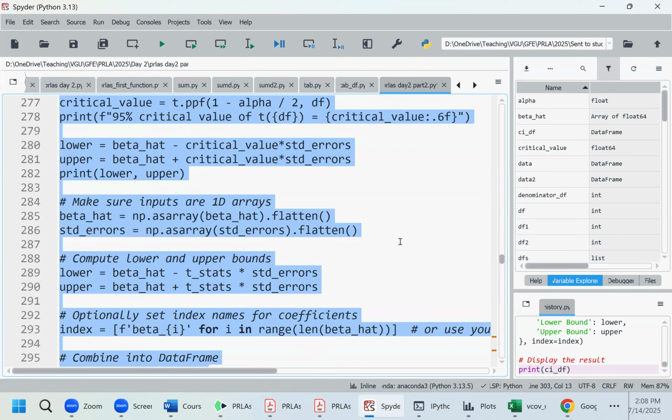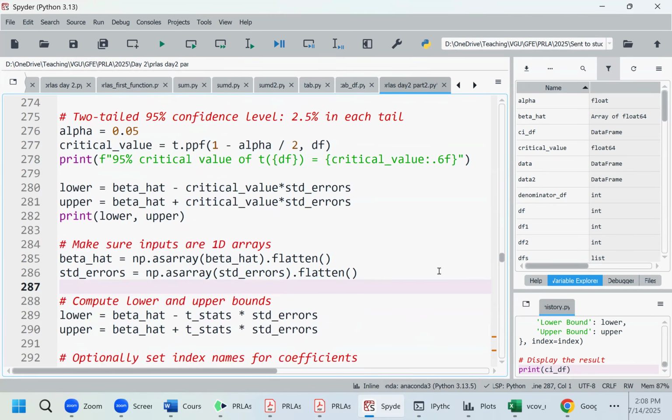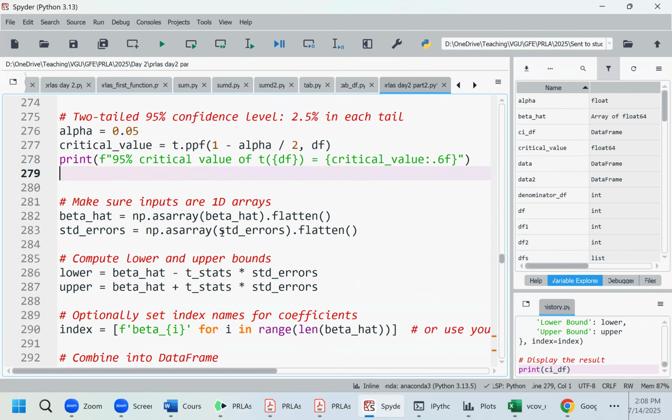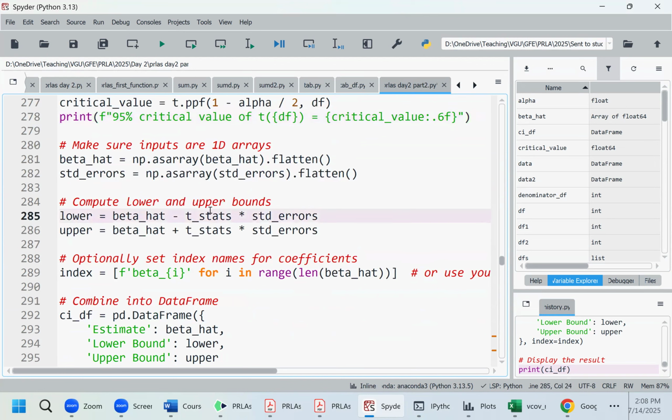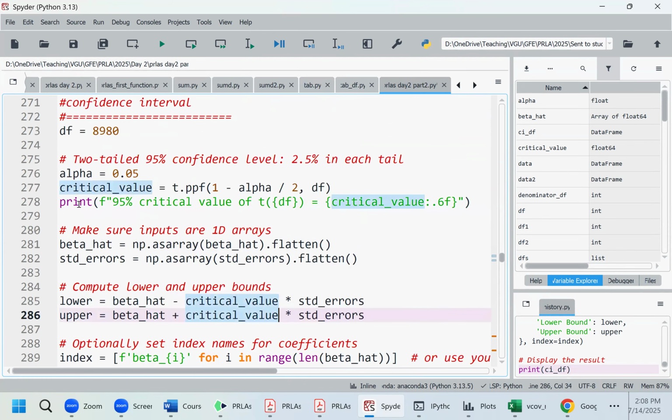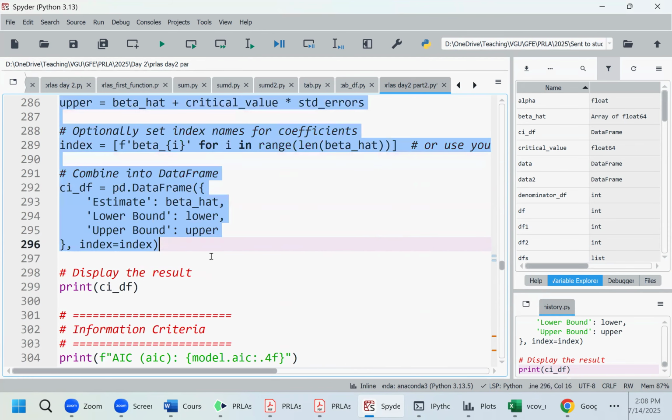So let's say we have this one, it should be the critical value. Let's say no more mistakes, right?